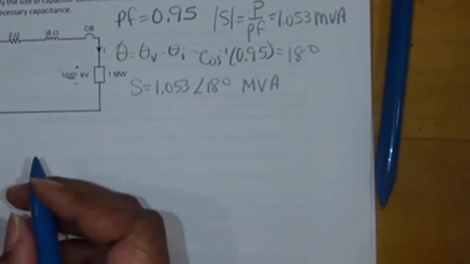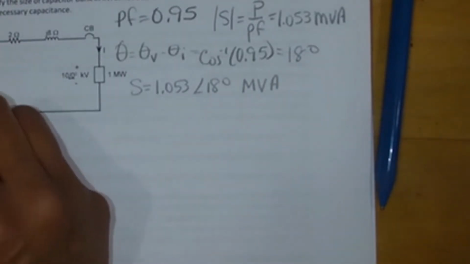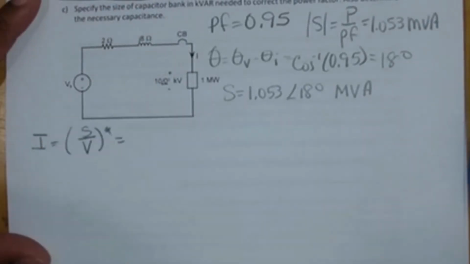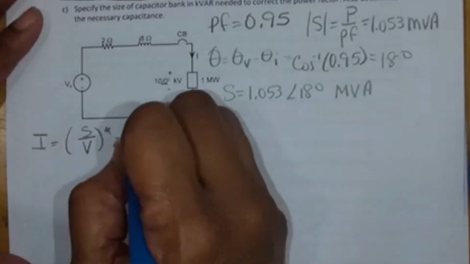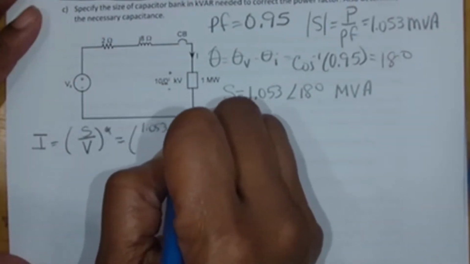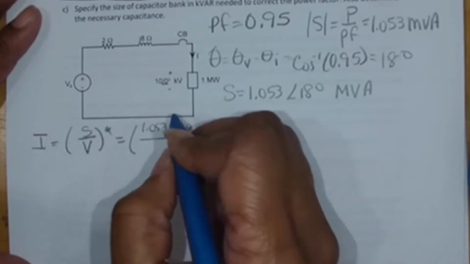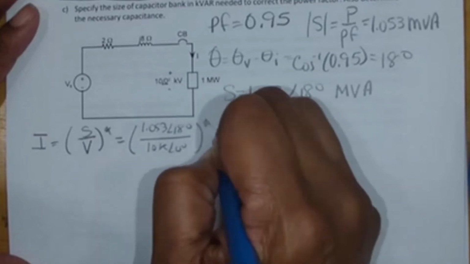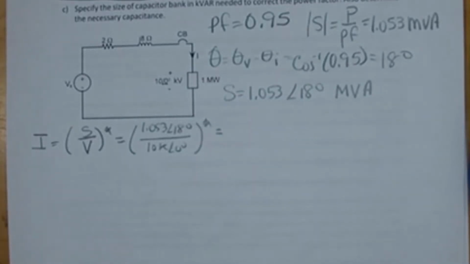So now we're going to find our current. Our current is S over V conjugate. So that is going to be 1.053 with an angle of 18 degrees over 10 kilovolts with an angle of 0 degrees, and then find the conjugate.